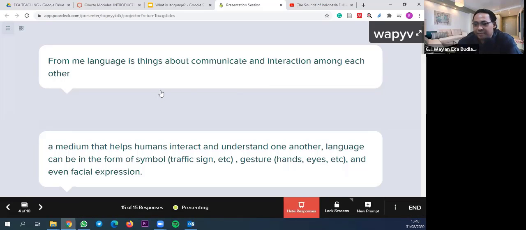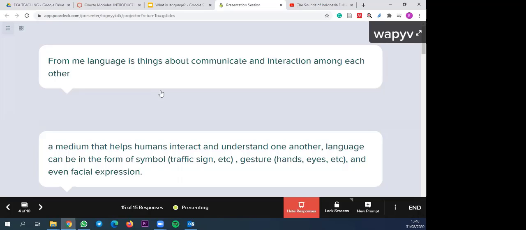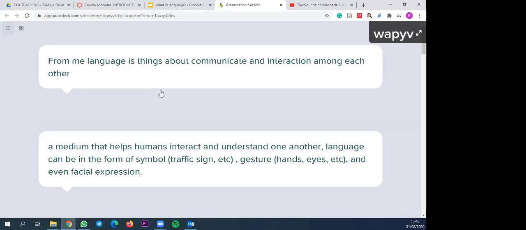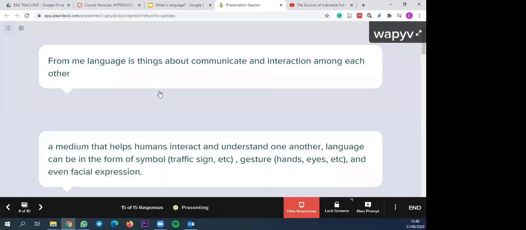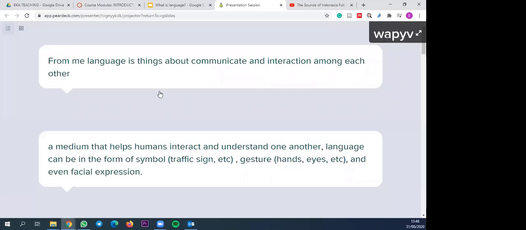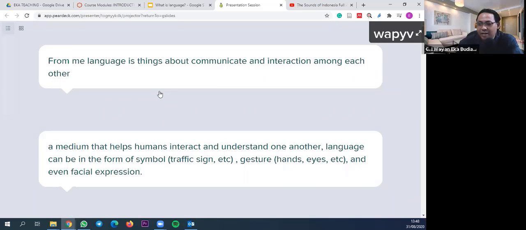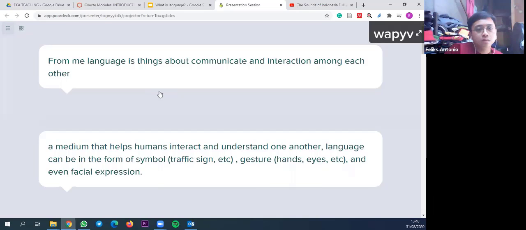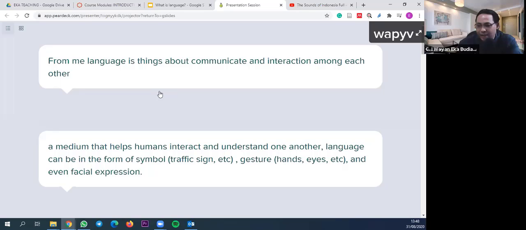From me, language is about how we communicate with others, and others can communicate and interact with others, and they understand what we think and what we share. Okay, so you underline the information, about being understood by people, to each other.